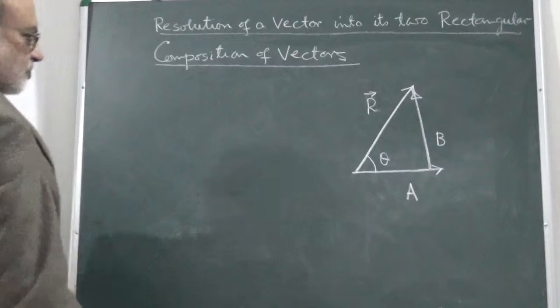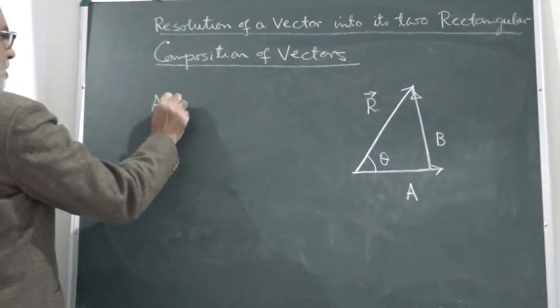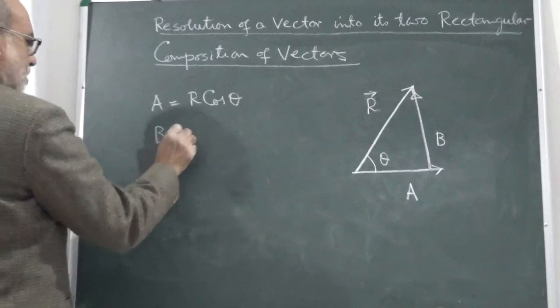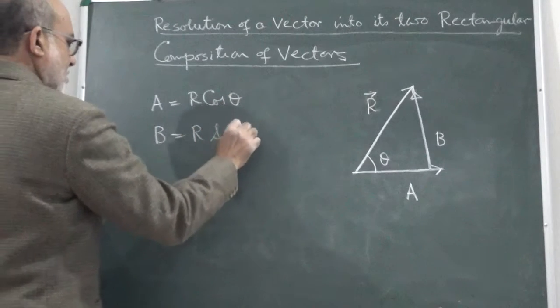So obviously A is R cos theta and B is R sin theta.